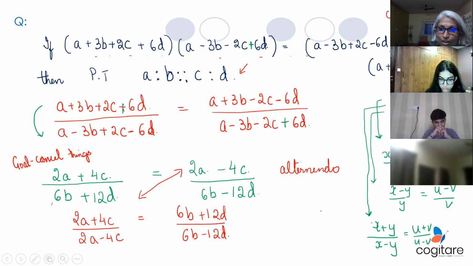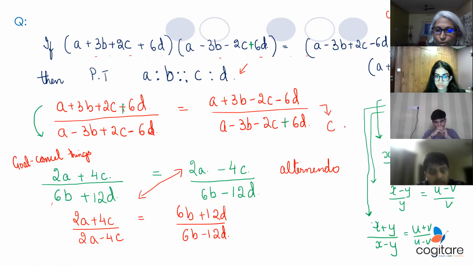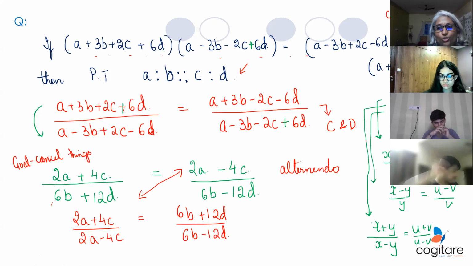I want to cancel things out now. What property should I apply? Whatever I did here, I will apply componendo and dividendo. Guys, all of you remember this. To bring like things together, you use alternando. To cancel things out, you always use componendo and dividendo.